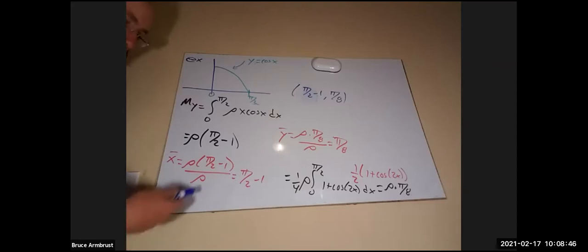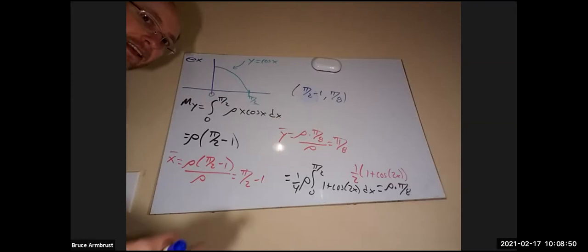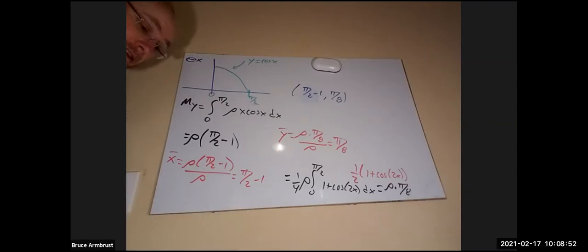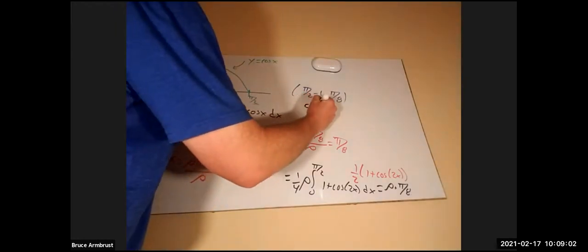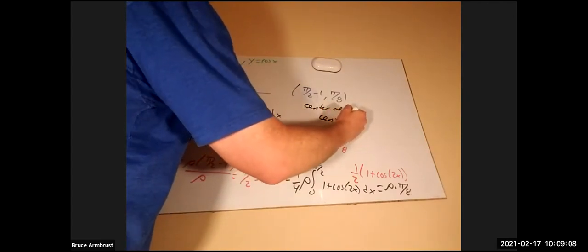So notice that the density just doesn't matter. It's always going to cancel out if we have constant density. And because of that, there's also another name for this point. And I do want to mention this before we leave. So this is the center of mass, but it's also called the centroid.